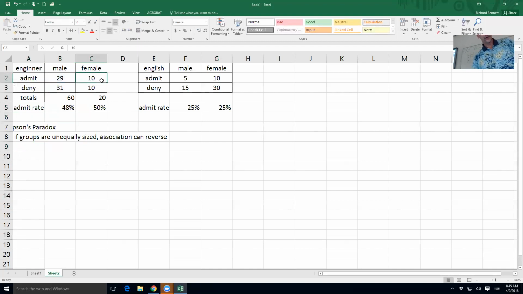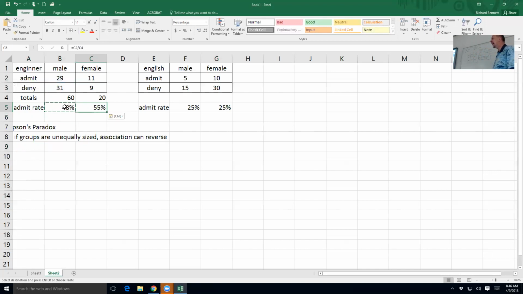And let's say that 11 were admitted and 9 were denied. And so when they went there, they said, oh, actually the women are having it better. Okay? And so that would be an example of Simpson's Paradox. That, yeah, there was discrimination going on, but it was in favor of the women. It was not against the women.